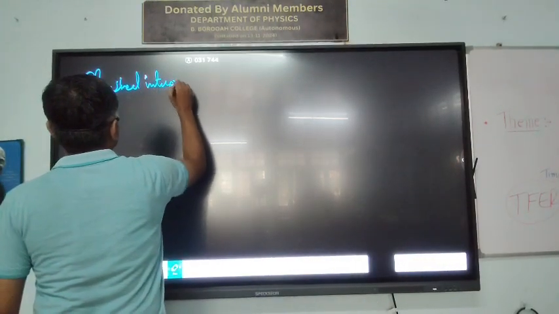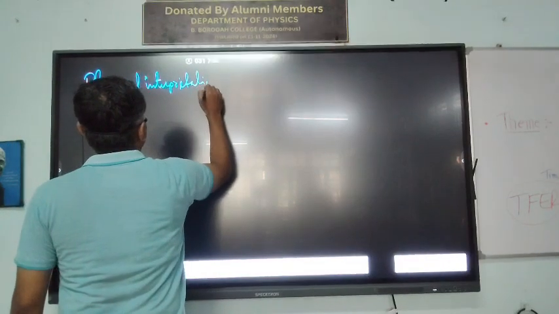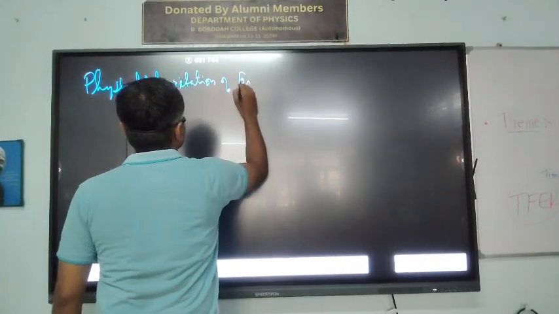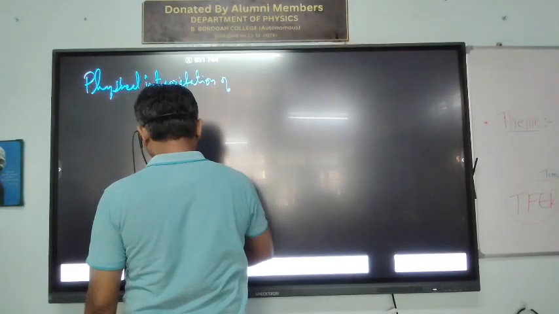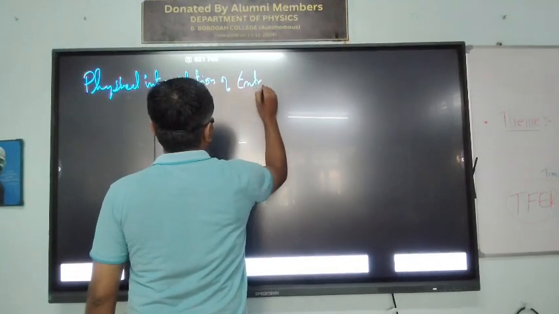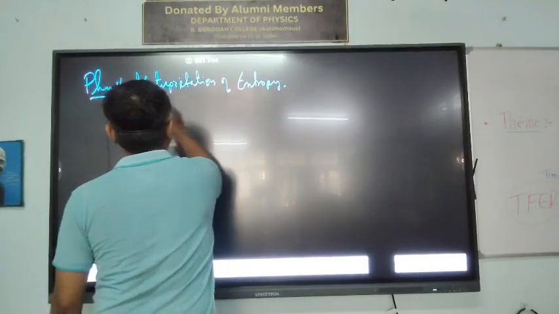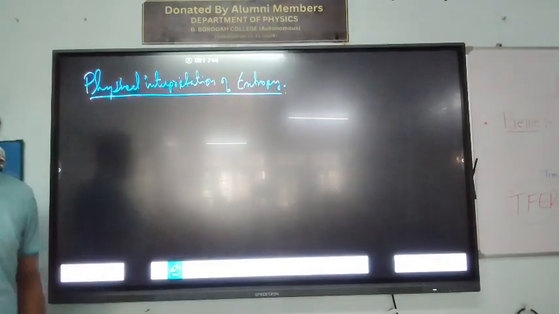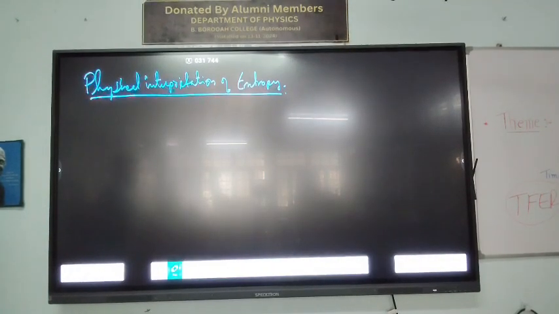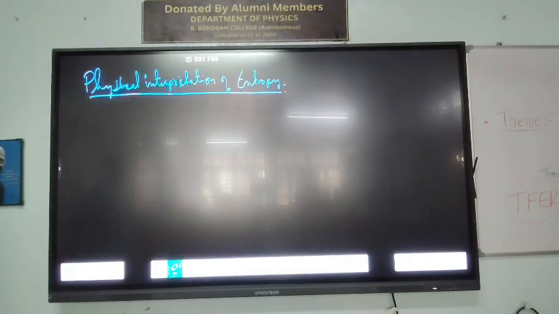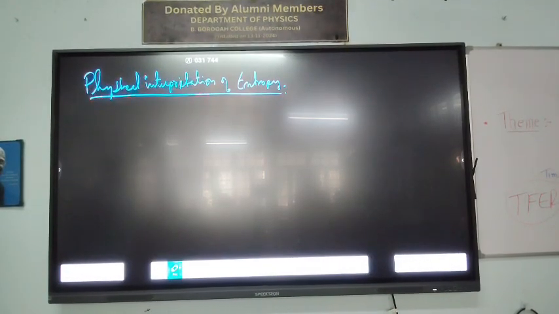Physical interpretation of entropy. Mathematically, Clausius put forward a term called entropy, defined as the amount of heat taken or given divided by the temperature.